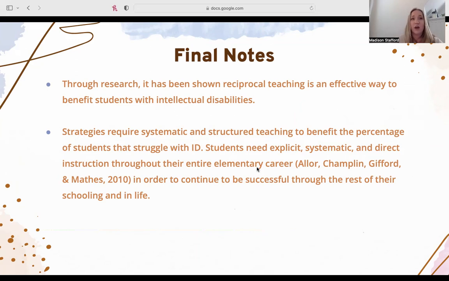Accepting that there is no help or that there's very limited help for these students shouldn't be an excuse anymore, just because they're too low. This can't be an acceptable excuse, and we need to find ways to benefit these students for them to be successful for the rest of their schooling, but also for the rest of their lives. We need to begin implementing strategies such as reciprocal teaching early to help these students in their reading adventure.